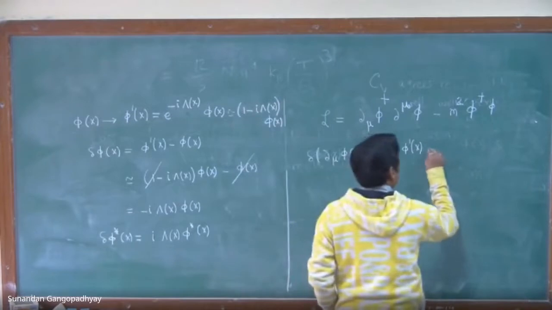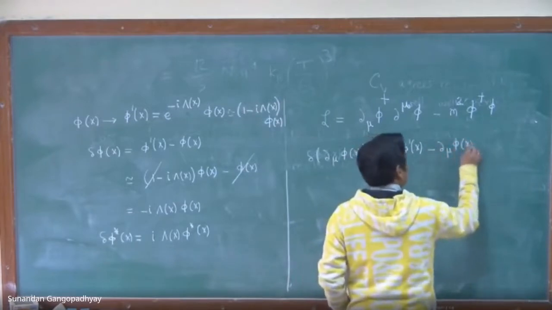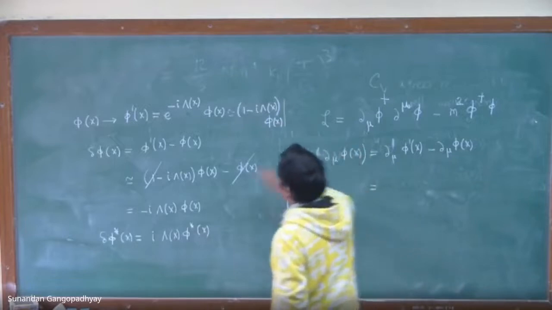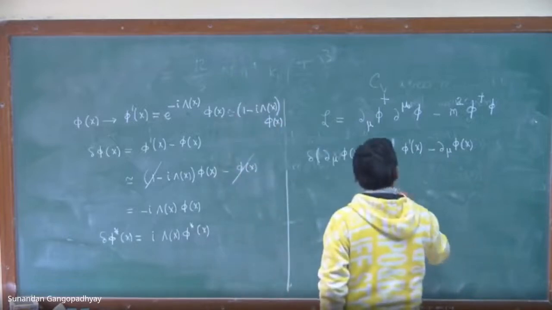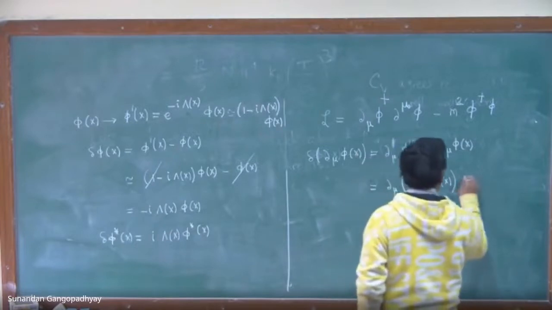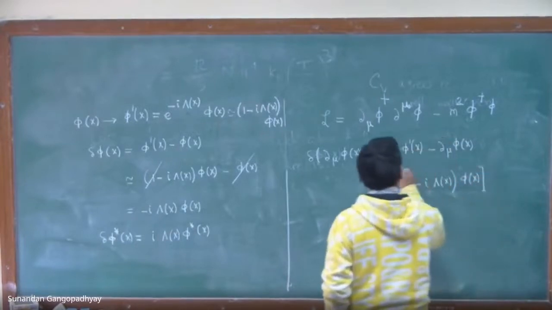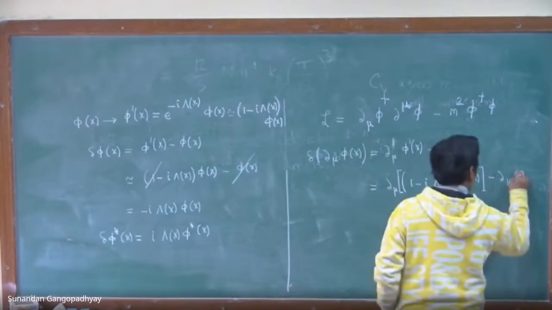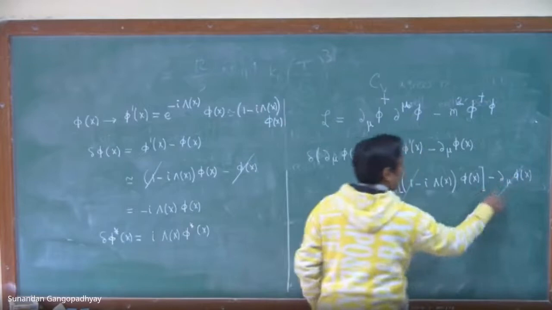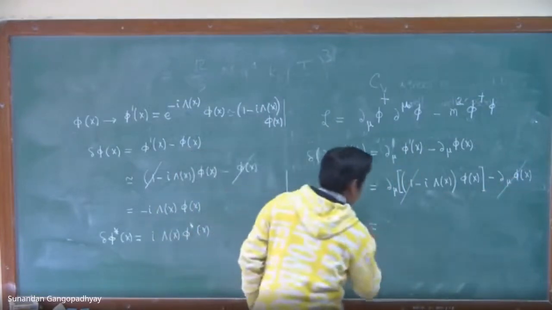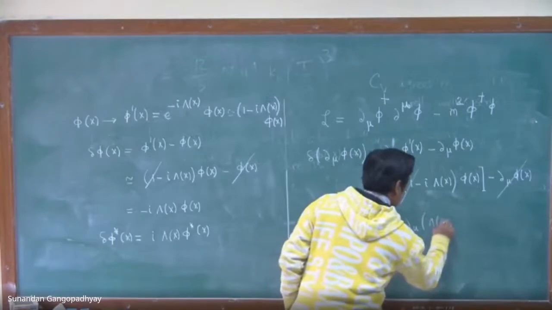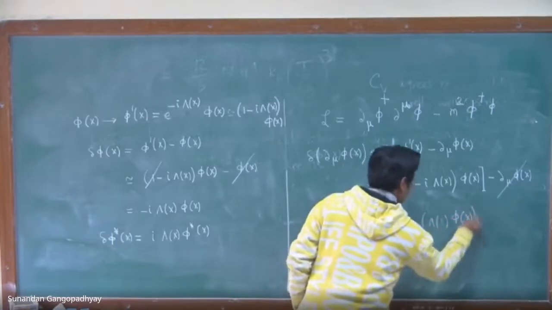Substituting what phi prime is, this is del mu of (1 minus i lambda of x) phi of x, minus del mu phi of x. And from here you can immediately see that this term will cancel this term.